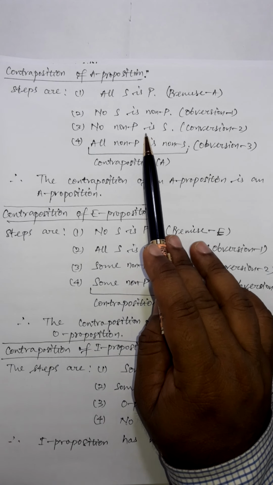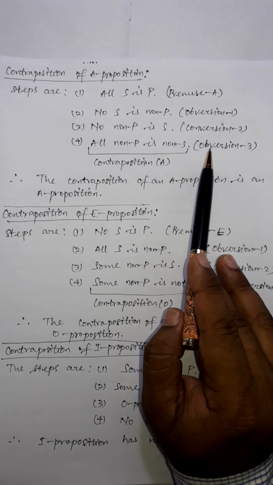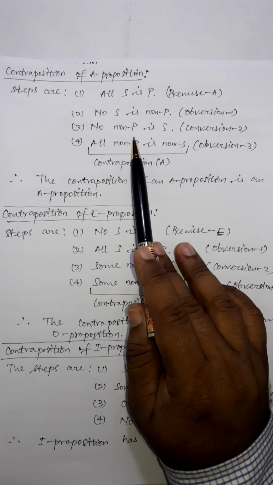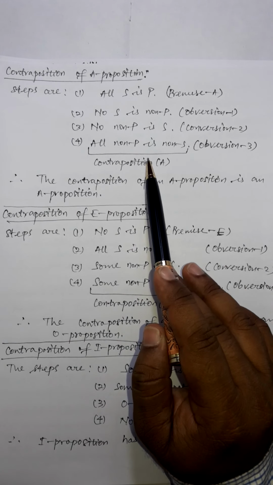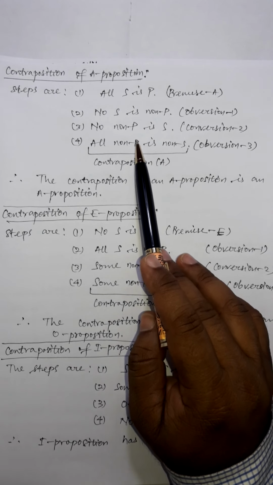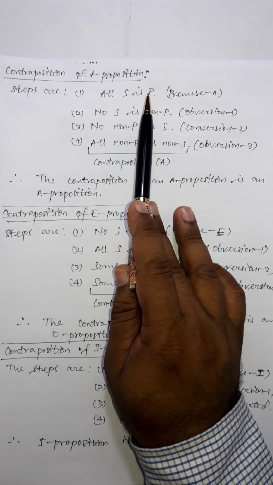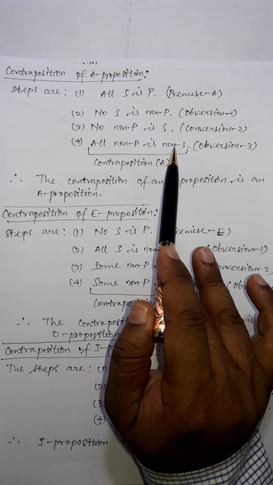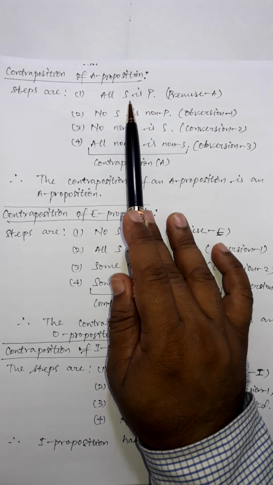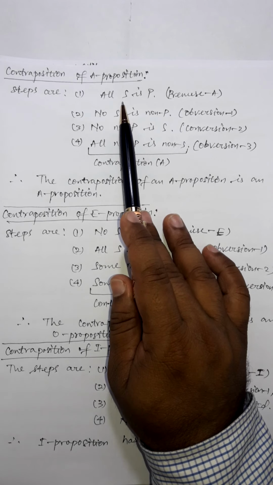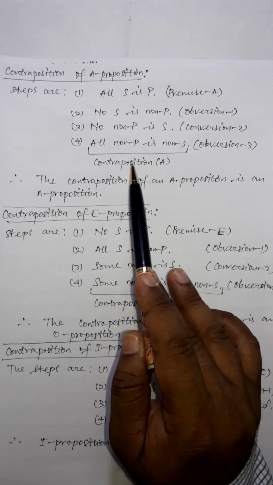You can follow those if you have any doubts. Now after applying obversion on no non-P is S, we get all non-P is non-S. So you see, all S is P is changed to all non-P is non-S, and this is the contrapositive of the A type proposition. We observe that all non-P is non-S is again an A type proposition.